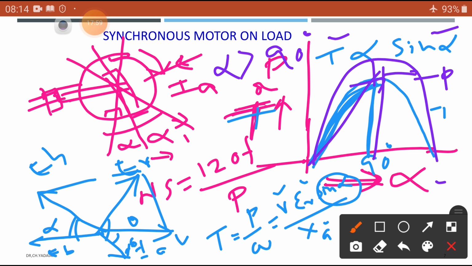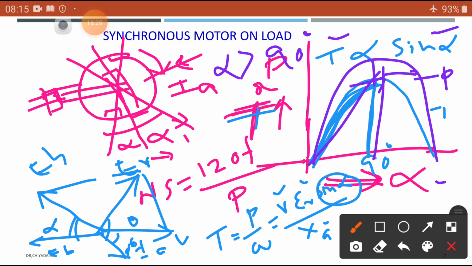This current tries to produce a large amount of torque as well as a reduced torque. It leads to oscillation of the rotor about its stator magnetic field axis. These oscillations of the rotor are undesirable. We can say these are mechanical vibrations in the motor.